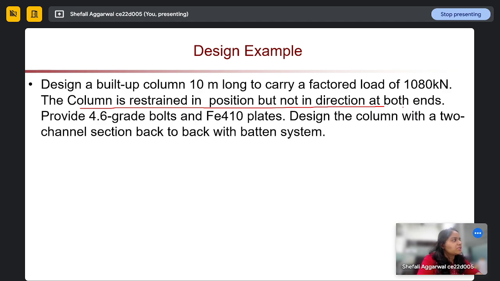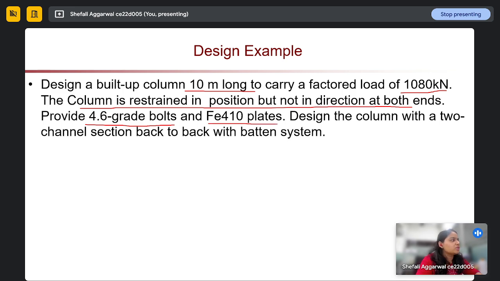To determine the effective length, we need to know the end condition. Our end condition is given as restrained in position but not in direction at both ends. What is further given? The length of our column is 10 meter. Axial load is 1080 kilonewton. It's a bolt type of joint. Our bolts are given as 4.6 grade bolts and plates of Fe 410.